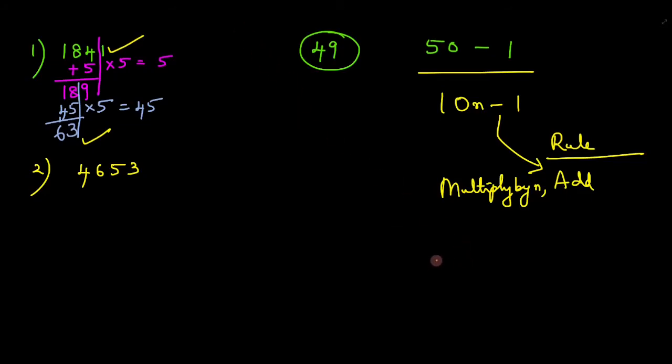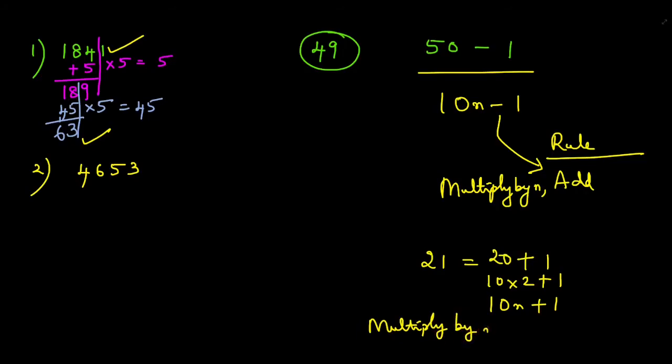In case of 21, it is 20 plus 1, 10 into 2 plus 1. It is in the form 10n plus 1. So here multiply by n, then subtract.